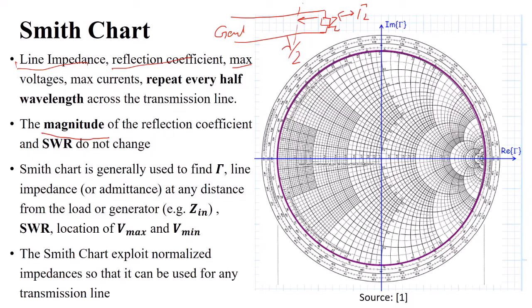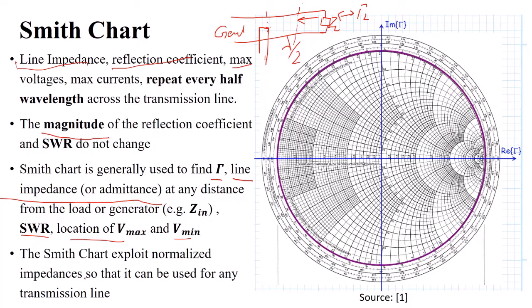Next, the Smith chart is generally used to find gamma, the reflection coefficient, line impedance, or we can also find the admittance. We will see later how we can find the admittance at any distance from the load or generator. For example, at this location, you can find the input impedance using the Smith chart if you know gamma L. Similarly, we can find SWR and the location of Vmax and Vmin. The Smith chart exploits the normalized impedance so that it can be used for any type of transmission line.